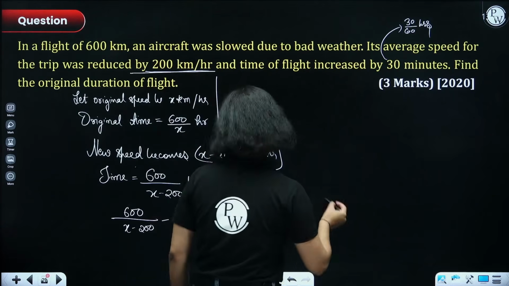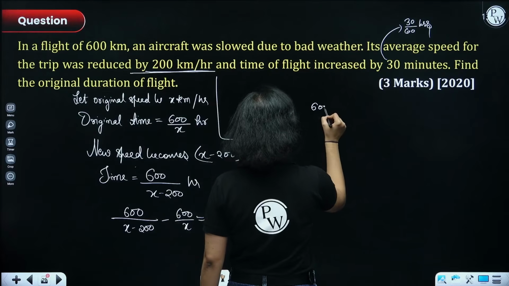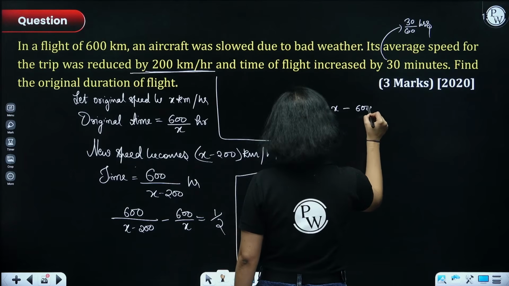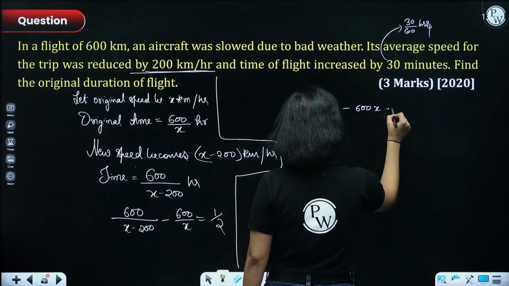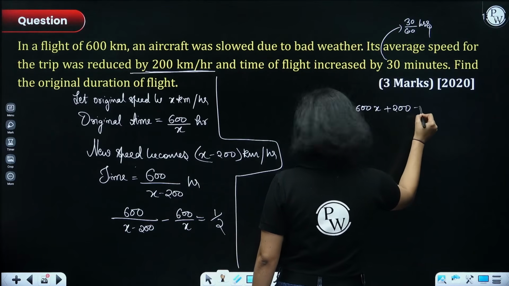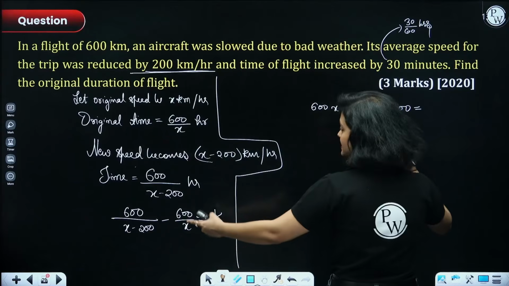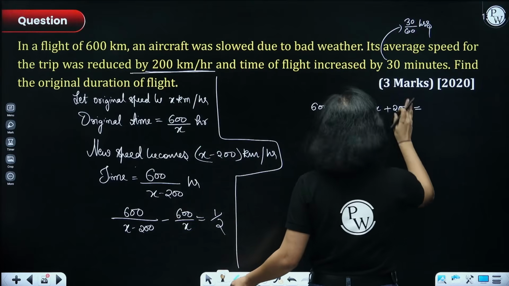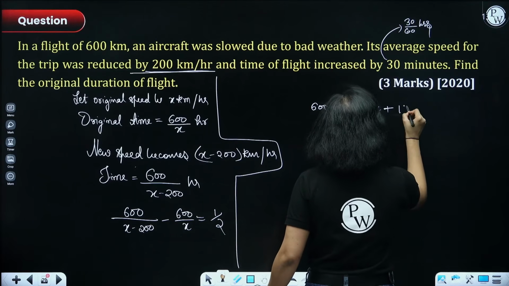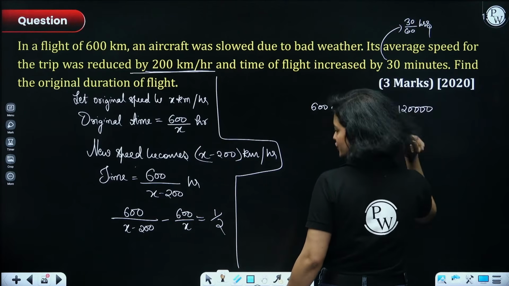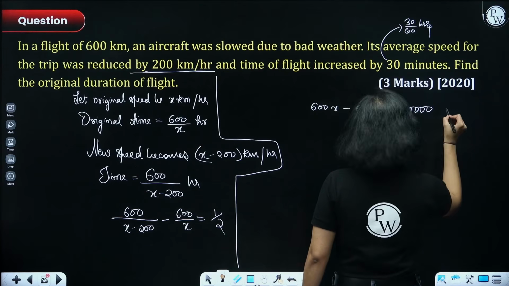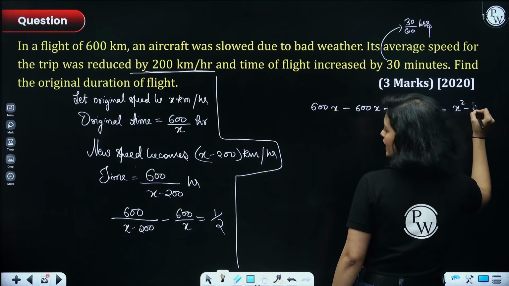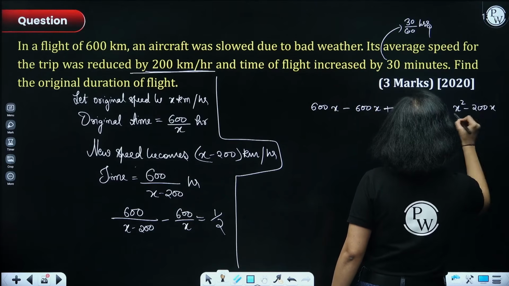Okay, everyone, now let's solve this. So we have 600x minus 600x plus 200, so 600x minus 600x plus 1,20,000... 1, 2 followed by 4 zeros, is equals to x square minus 200x divided by 2.